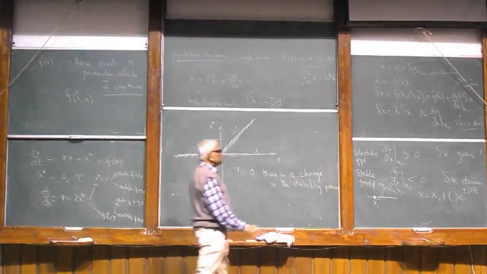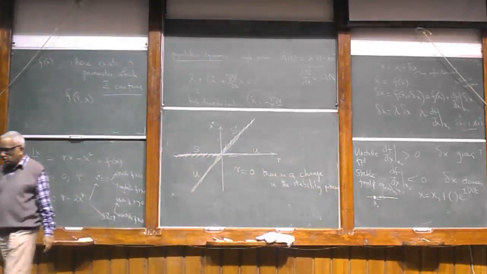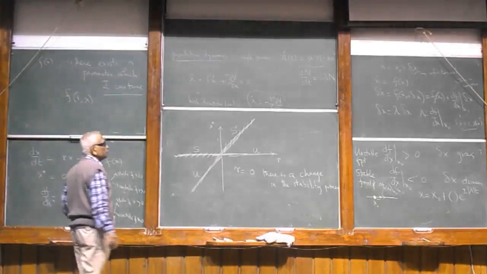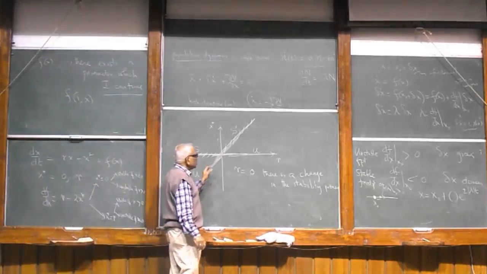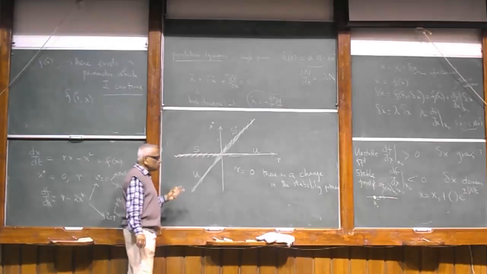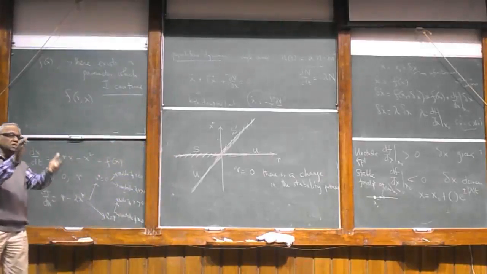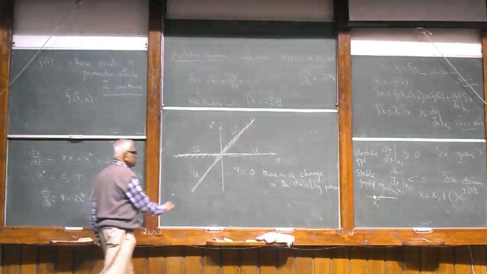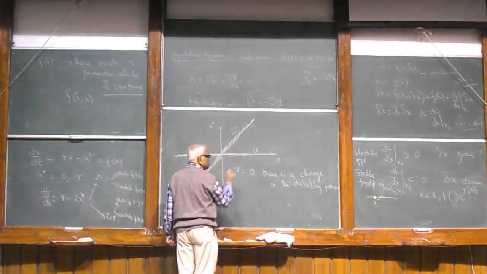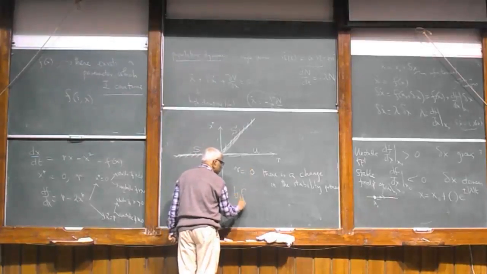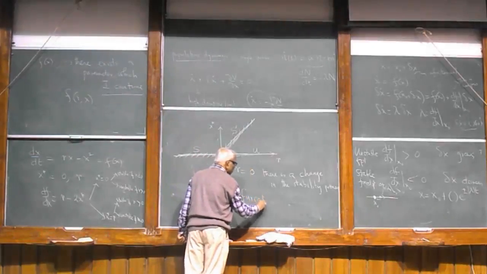The number of fixed points has not changed. I had 2 before, I have 2 after. For R negative I have 2 fixed points, and for R positive I have 2 fixed points. But at R equal to 0, this change in the stability pattern is called a bifurcation.